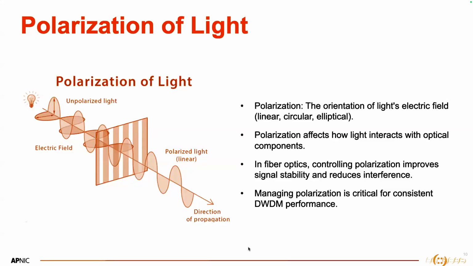In communication channels, we need a fixed direction of light from source to destination. To do that, we need to make sure that the electric field is aligned with the magnetic field, and both of them are directed the same way from source to destination. This phenomenon is called polarization of light.